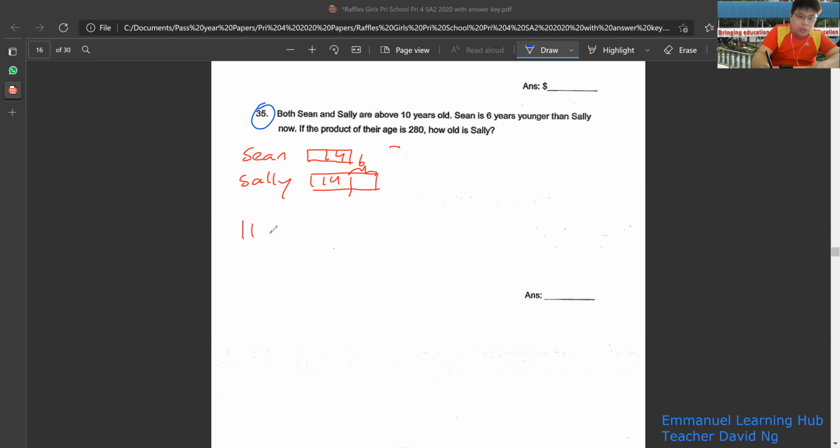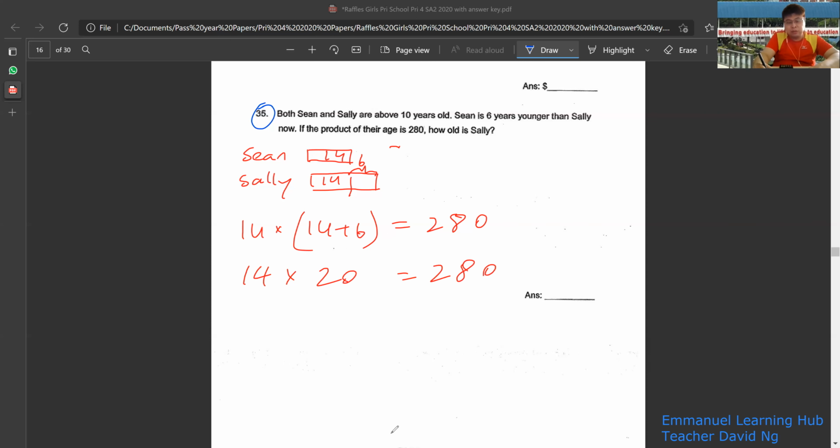Okay. So 1 unit multiplied by 1 unit plus 6 is equal to 280. And 14 times 20 equal to 280.